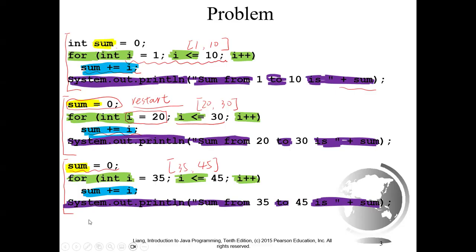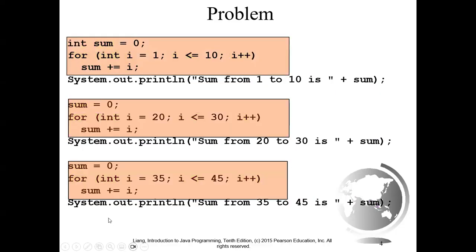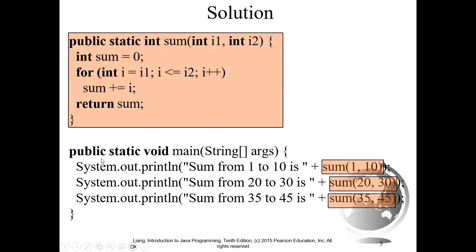So in this case, can we make a template for the 3 parts of the summation? The answer is yes. Let's take a look. Since they are similar in a specific way, we can abstract the logic of the summation into a method.